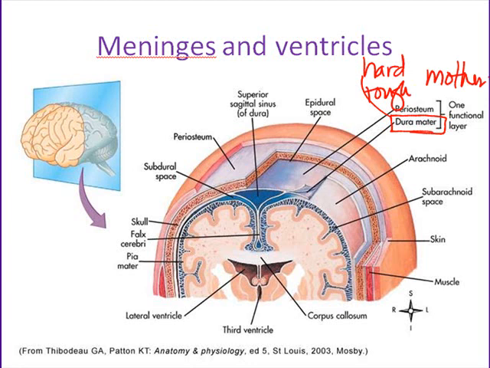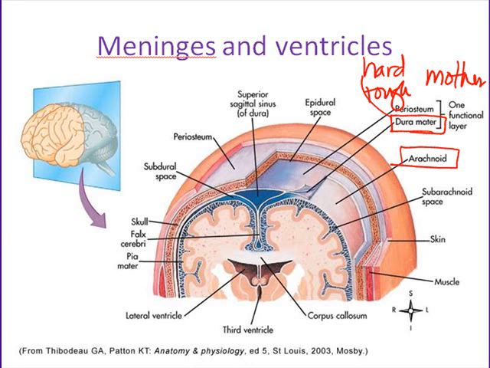Interior to that, or deep to that, is the next layer called the arachnoid mater. Arachnoid meaning web-like, spider-like, and you can even see that here in the arachnoid mater. You can see that it has a very web-like appearance. And then interior to that and wrapping itself immediately over the surface of the brain itself is the pia mater. Pia means gentle.